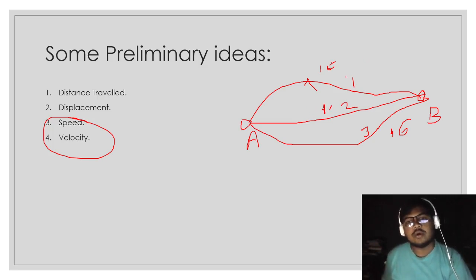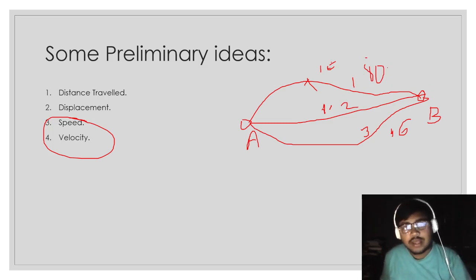So we have to consider the distance as 80, and the time taken is the time of path 1. So for path 1, the velocity must always be less than its speed. I think the idea is clear.